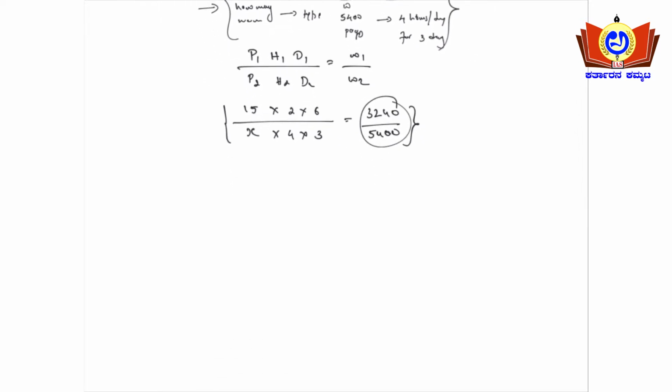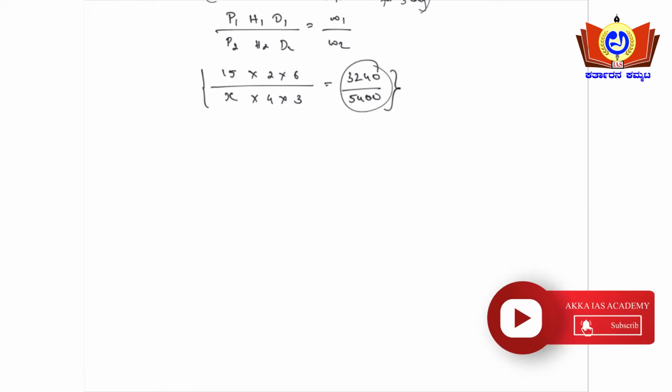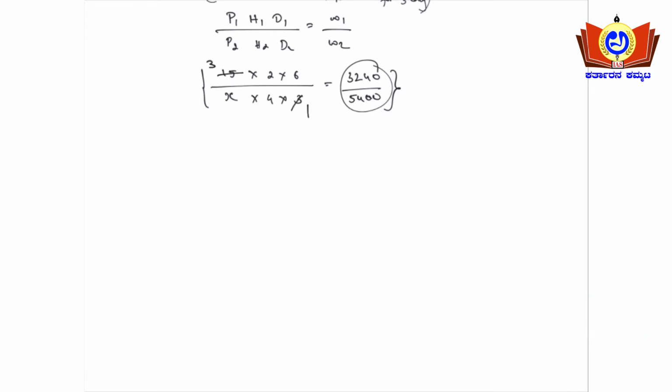Upon solving this, 3 5s are 15, then 2 times 2 times 3 times... this is not 3 times, it's actually 5 times. 3 5s are 15.